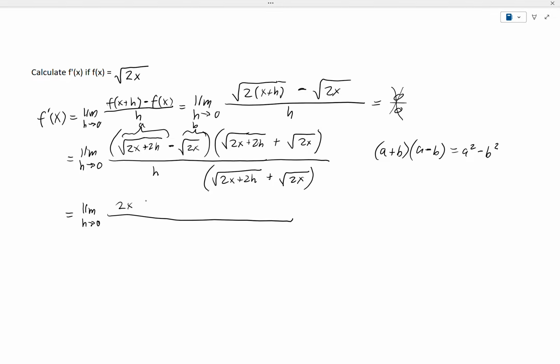So this becomes 2x plus 2h, so that's a squared, and it's going to be minus b squared. b squared is just 2x, and that's the entire numerator. Well, how about the denominator? The denominator certainly looks worse, but maybe it's not as bad as it seems.